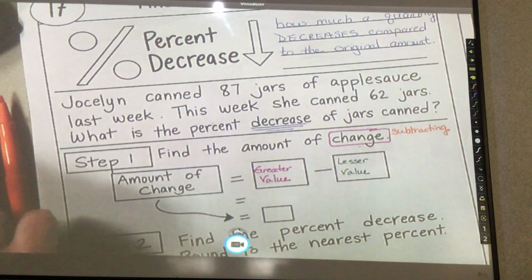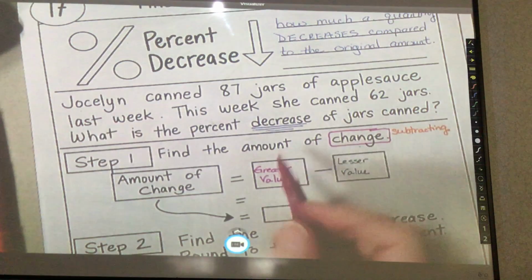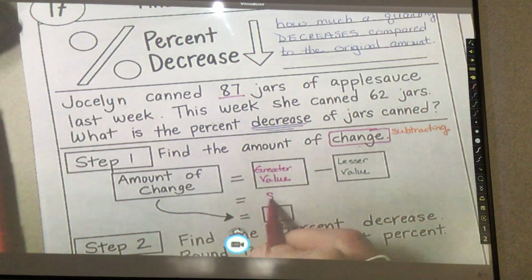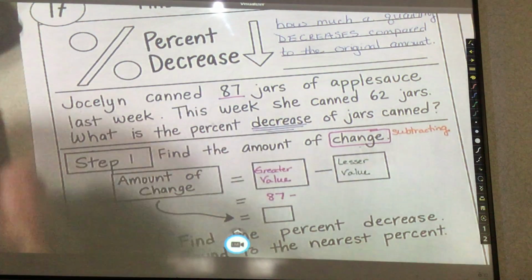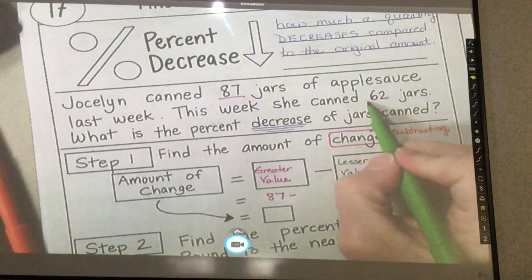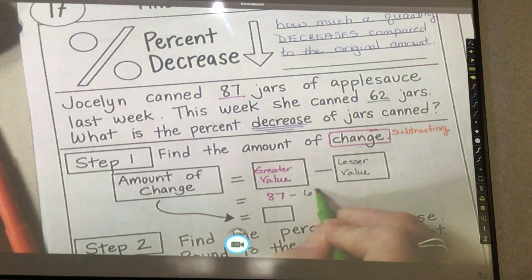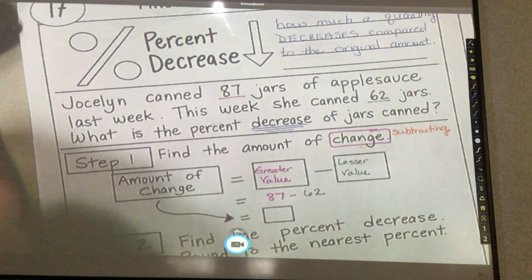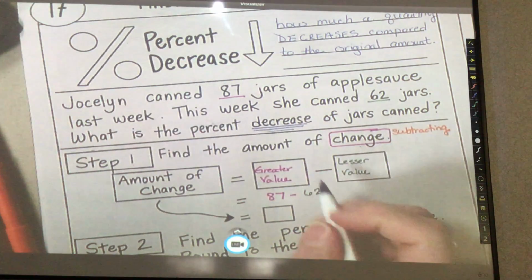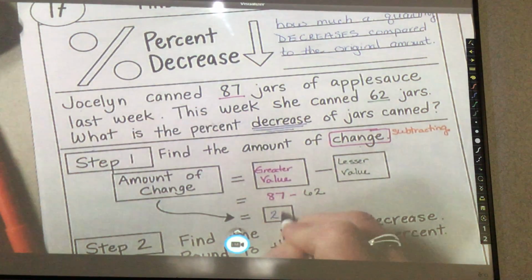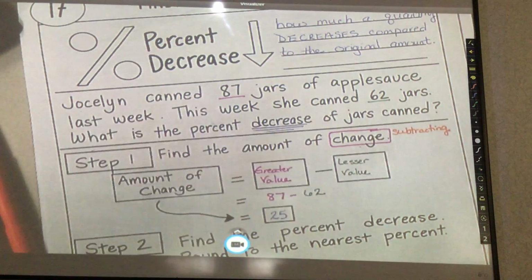So our greater value was 87 jars minus our lesser value, which was 62 jars. Then 87 minus 62 is 25. That is our change.